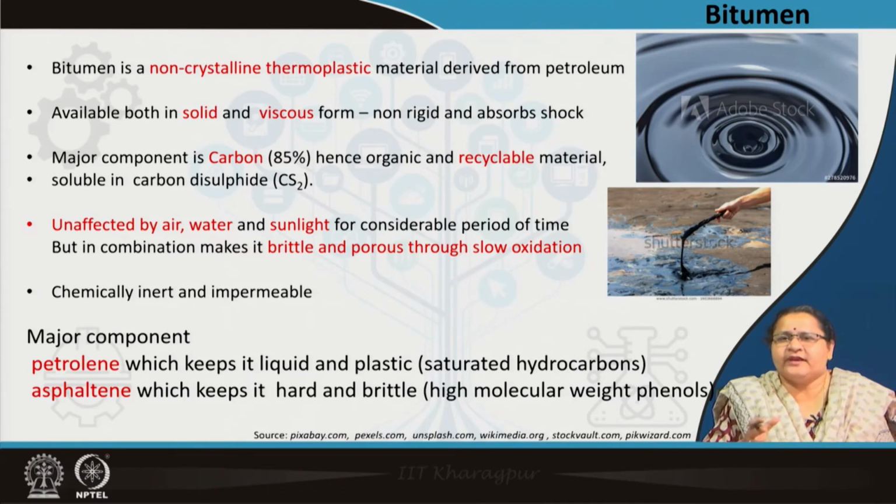It has a softening point, but not a melting point. So, it softens at a temperature and then you can actually work with it. As it is organic in nature, it is majorly carbon, hydrocarbon rather, with very small traces of some sulfur, some other minerals.